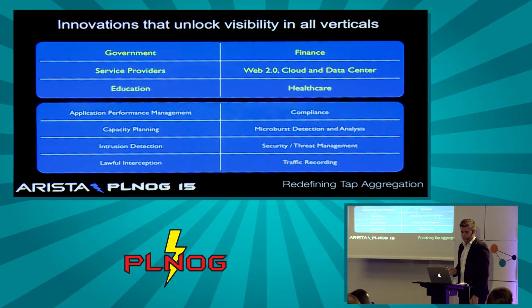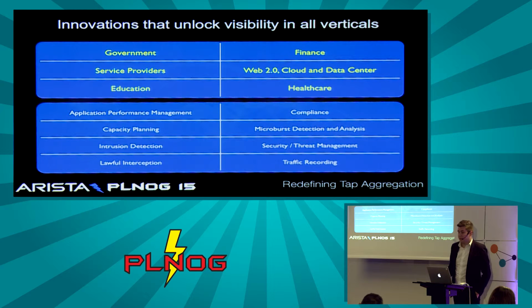So what are the use cases here? The big ones for us that we see are across a wide range of industry sectors. So yes, there are certain regulatory requirements, for example, in government and finance, but it's not just limited to those use cases.